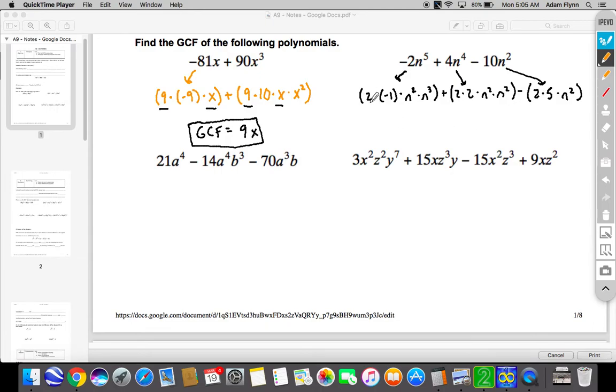So if I underline all terms that are common, I know they all have 1, 2, and they all have an n squared. So that means our GCF is going to be 2n squared.